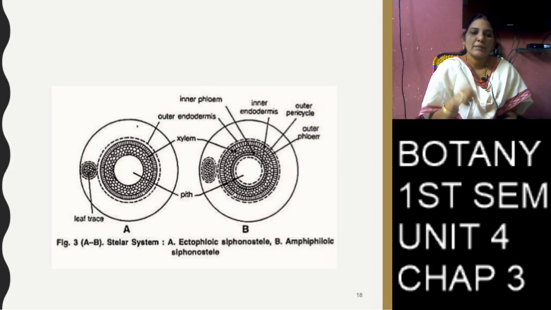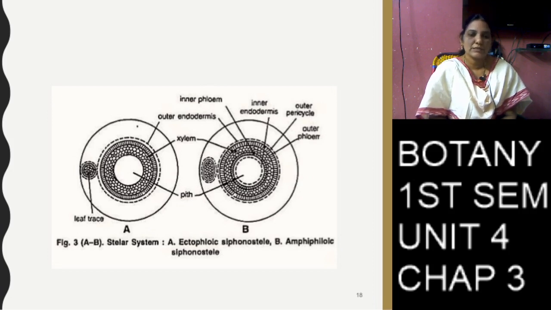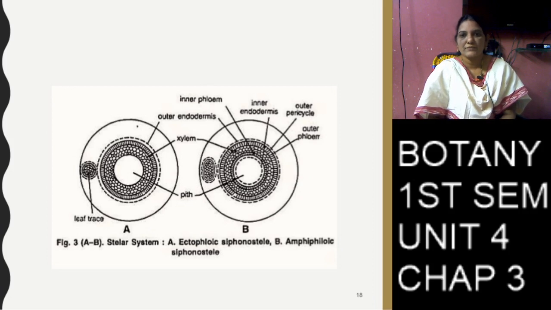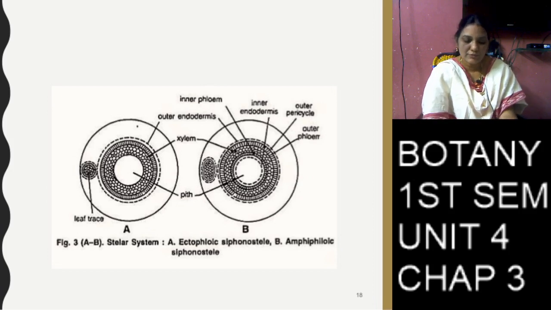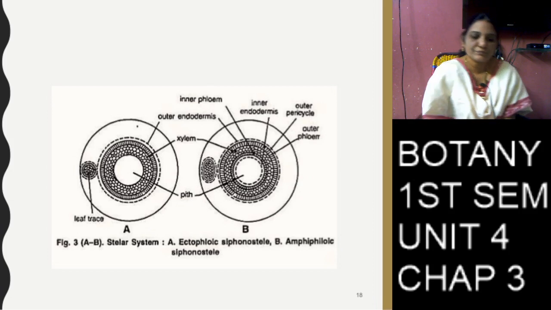The medulla is covered by the xylem, the xylem is covered by the phloem, the phloem is covered by the pericycle, and the pericycle is covered by the endodermis. This type of stele is called ectophloic siphonostele, for example Equisetum.